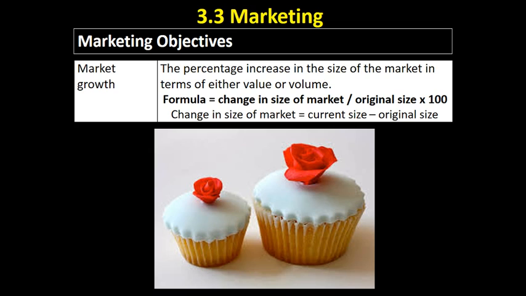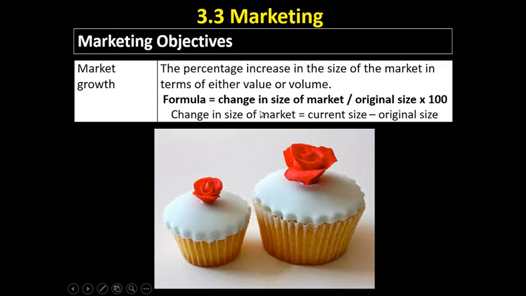So how do we calculate market growth? We need to know how to calculate a percentage change. So the formula is there. We first of all calculate the change in the size of the market. The formula is basically the difference between what the market was last year and the market size this year, divide that by the size of the market last year, times it by 100.